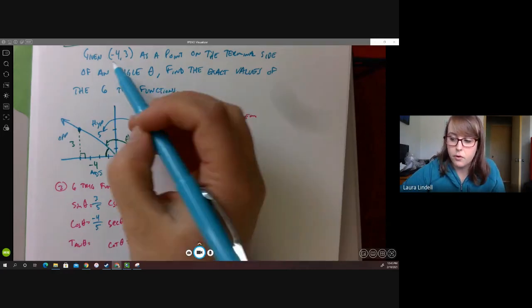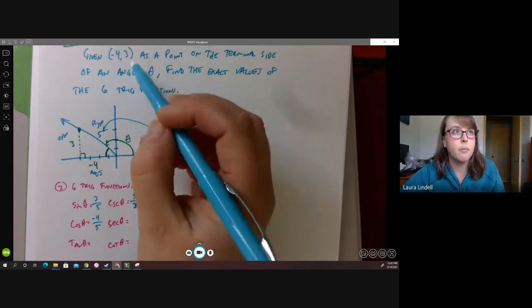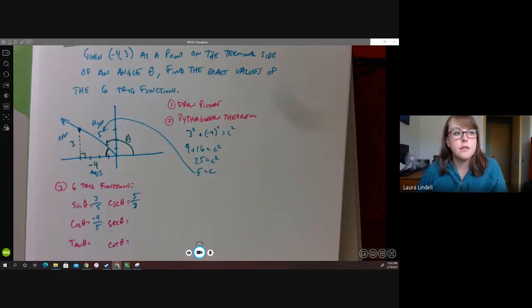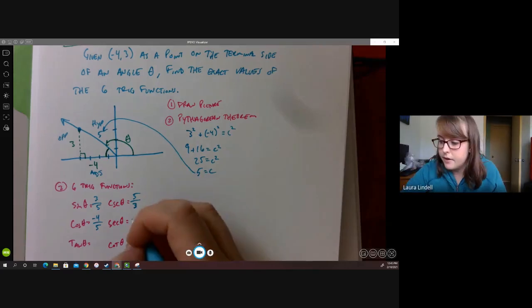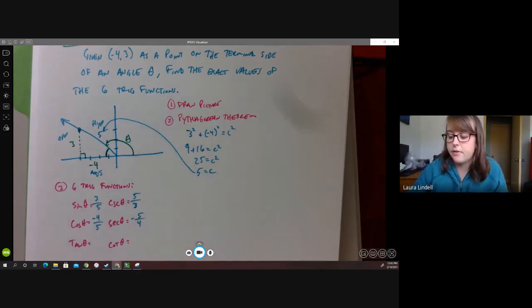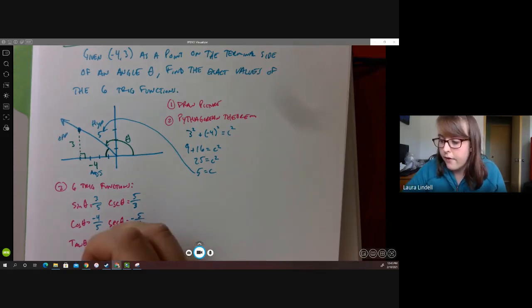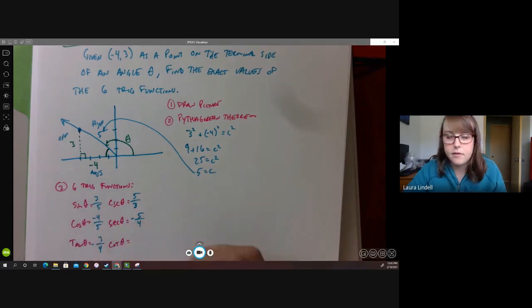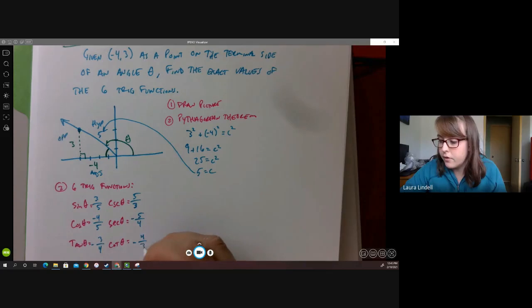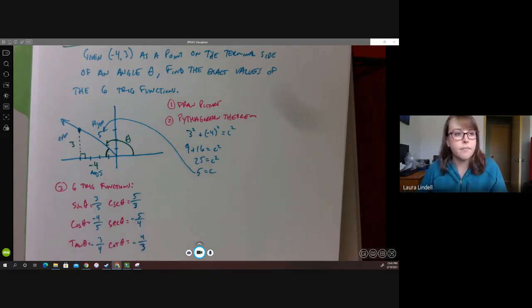Remember, that came from our coordinate back up here at the beginning of the statement of the problem. So then secant, you flip that and you get negative 5/4. And then tangent, opposite over adjacent, so negative 3/4. And cotangent, you flip that and get negative 4/3. And that would be our answer.